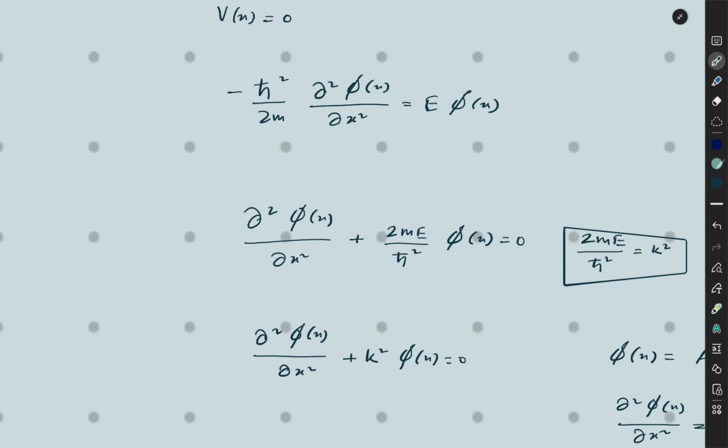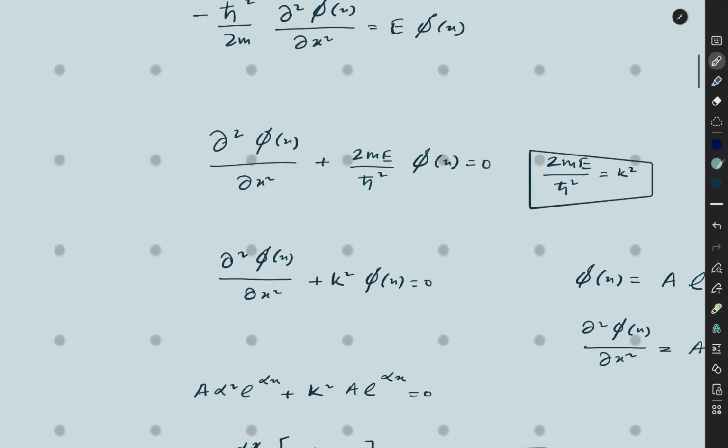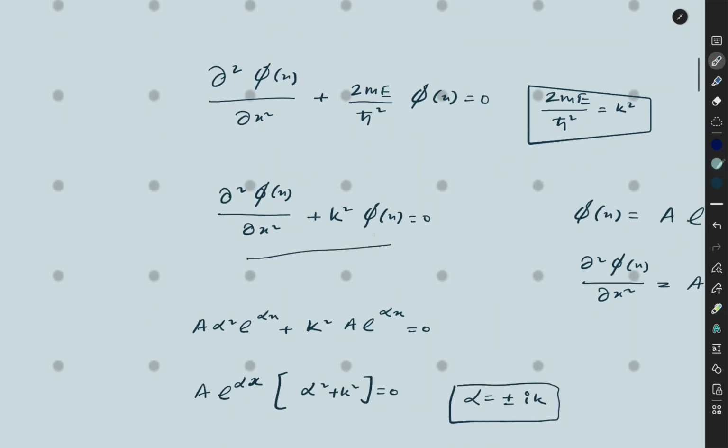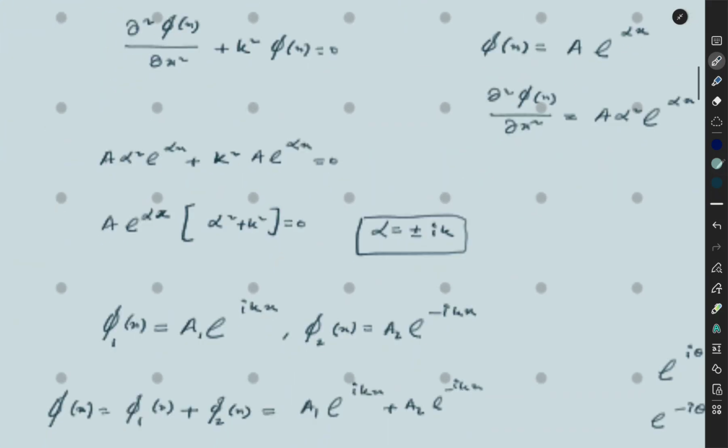Now this is a differential equation. We rewrote it like this: del 2 phi x del x2 plus 2m E by h cut square into phi x equal to 0. Now we have considered k square equal to 2m E by h cut square, and now this becomes like this, and we have taken a trial solution and arrived at this result.